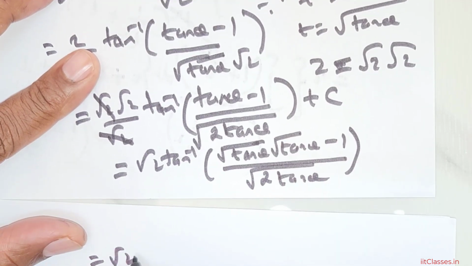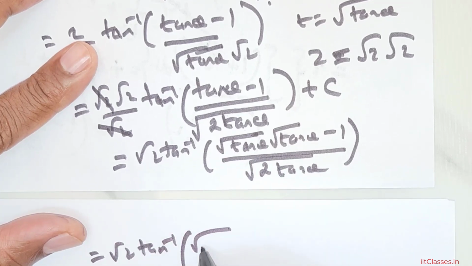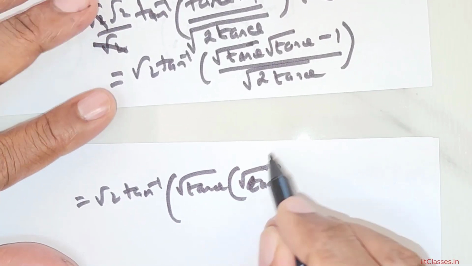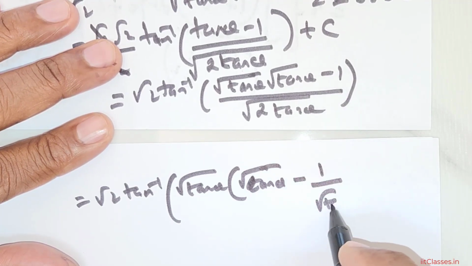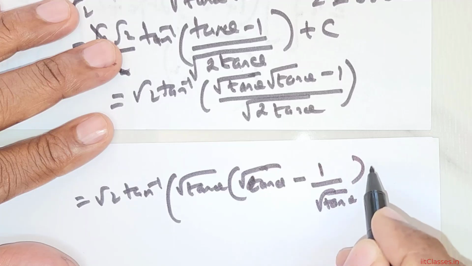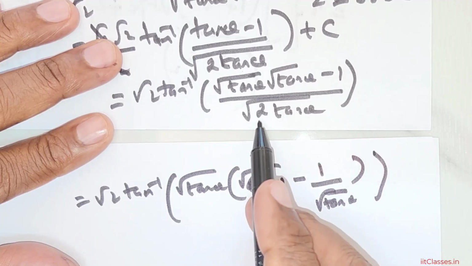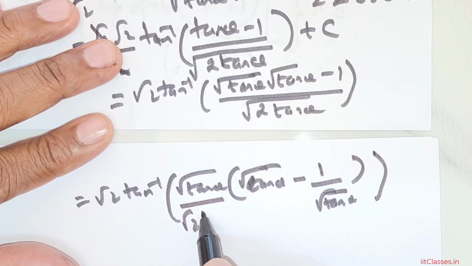So now this is equal to root 2 tan inverse of, now you take one of the root of tan theta out. If I take that, I get a root of tan theta. This is minus 1, so it's going to be 1 over root of tan theta. Now there is root 2 tan theta there, so substitute the root 2 times root of tan theta.